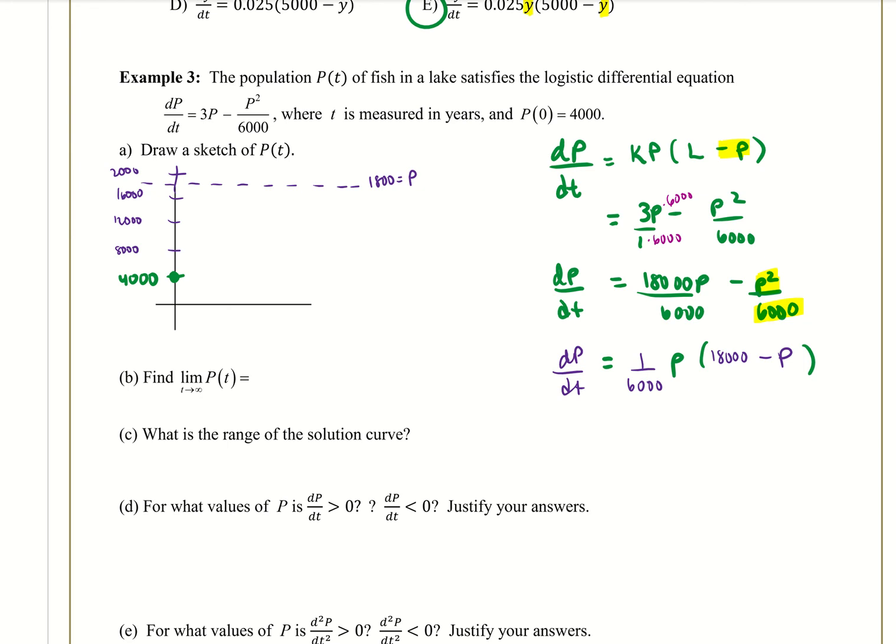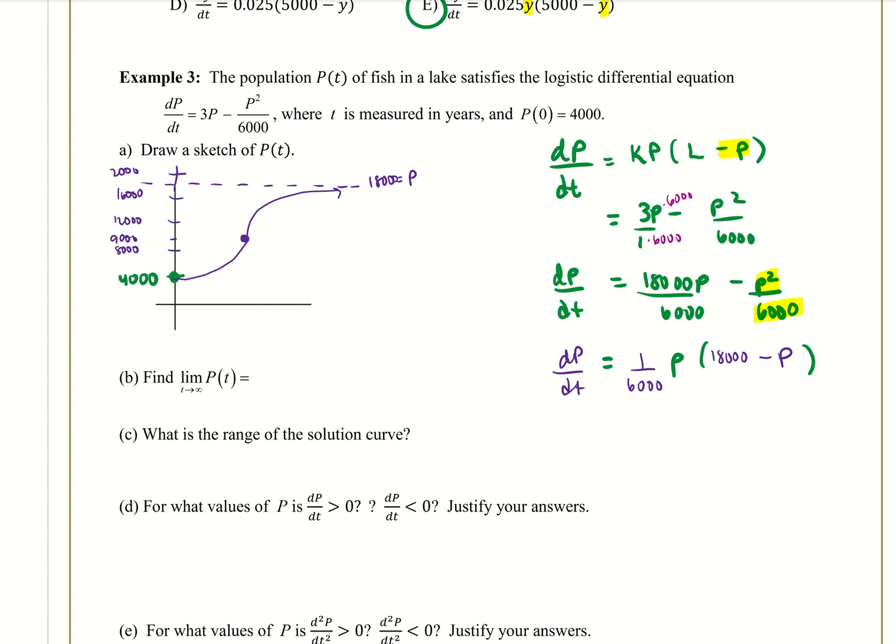And my point of inflection is going to be half of that height. Oh, sorry, missed a 0. Half of that height, which would be 9,000. So as this grows, my point of inflection is going to be at 9,000. Now, how far over, right or left, I actually don't know. But what I do know is that it's going to be at the height of 9,000. And there's a little sketch for me.